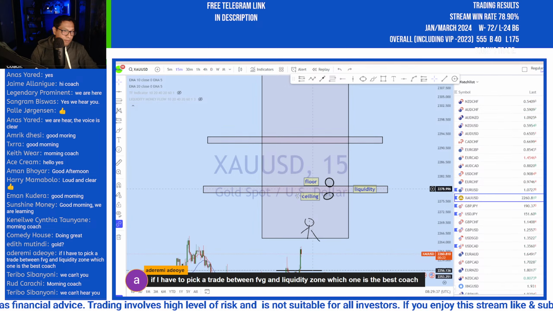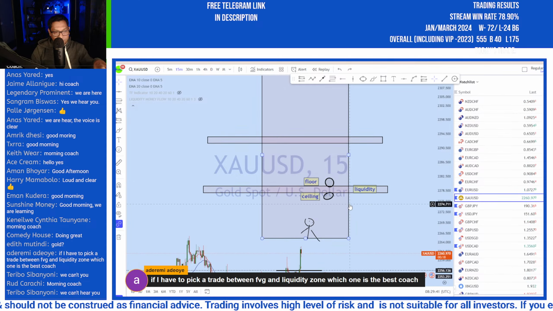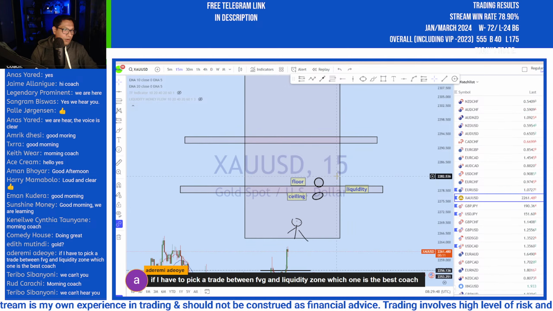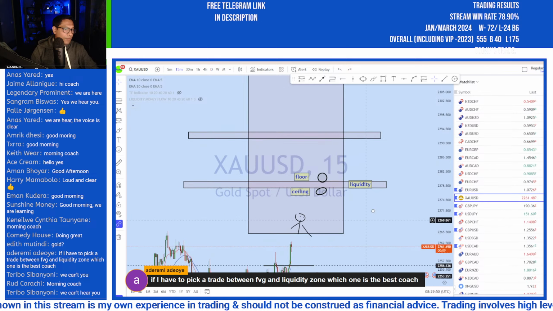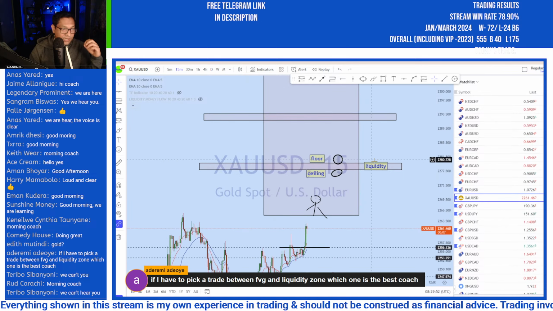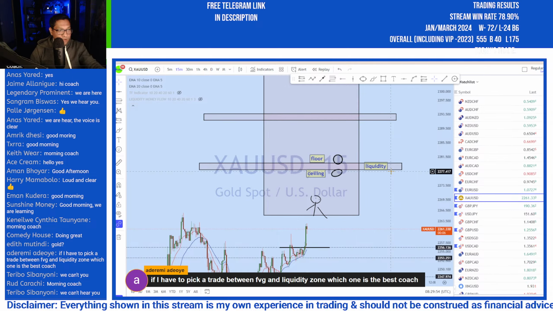So this is the key point here, to look at where the price is in relation to that liquidity zone, and based on that, trade either to buy or sell. Hope that makes sense.